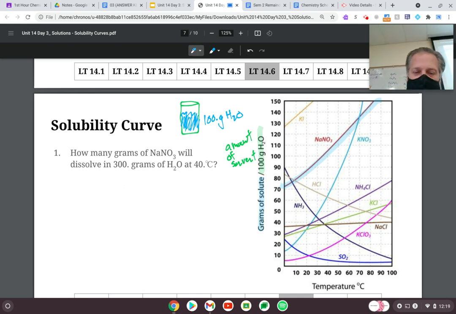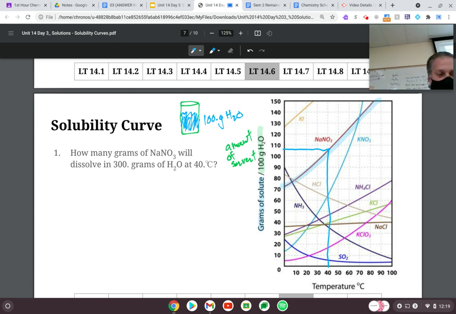The other thing I'm focusing on is the temperature. So I'm going to take 40 degrees and go straight up, and then go straight over, and it looks like in 100 grams of water, about 95 grams, nope, I lied, 105 grams of sodium nitrate will dissolve at 40 degrees Celsius. So that's what this tells me.